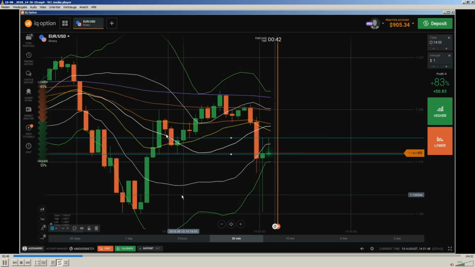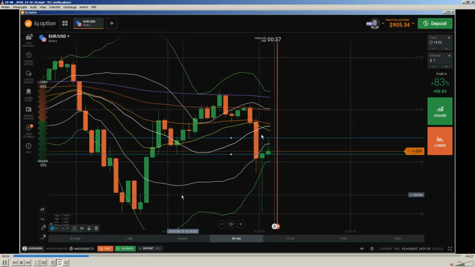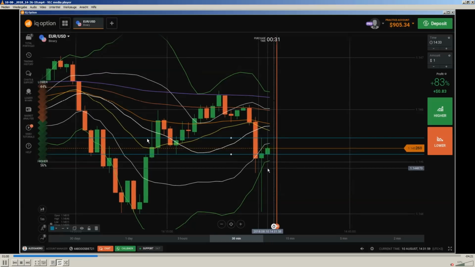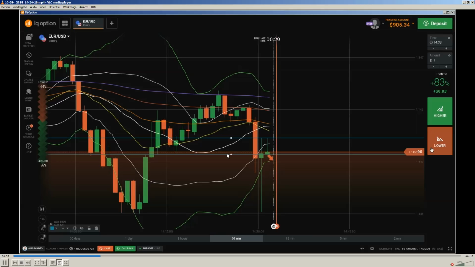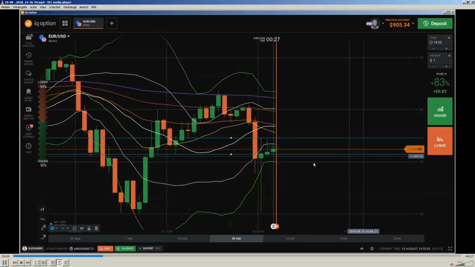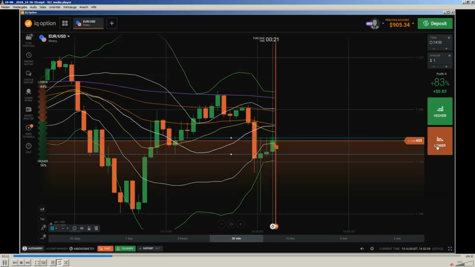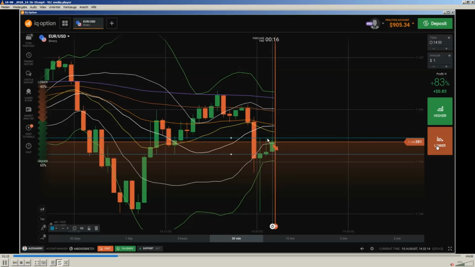You see here support, resistance, support again, and now we have here twice the resistance again, and that's the reason why I have drawn this kind of support and resistance level. So I'm preparing to do a put here. I'm explaining that if this price will touch this level, I will enter into a put.